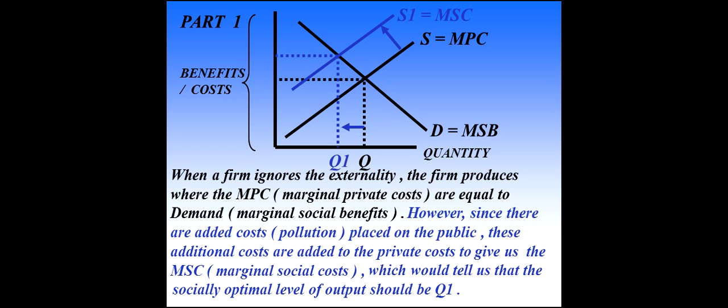And as a result of that, we would then be able to see what the socially optimal level of output should be. In other words, a cutback of the production to save on the pollution.